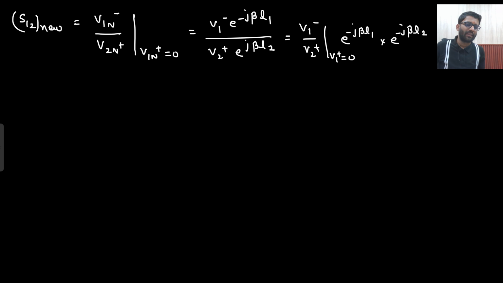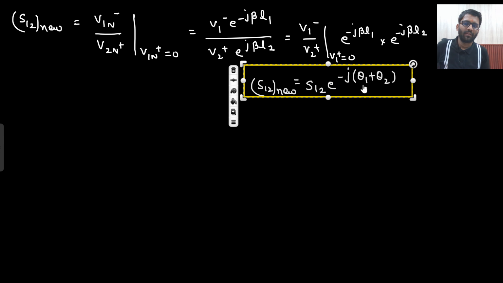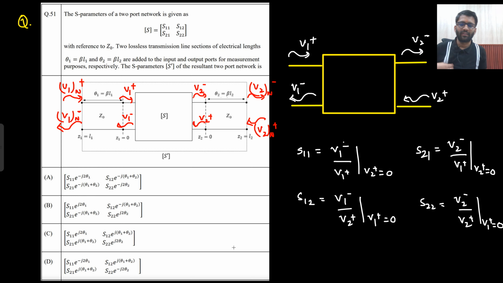So beta L1 is theta 1 and beta L2 is theta 2. So what is this quantity? This quantity is S12 e to the power minus j (theta 1 plus theta 2). Okay. So this is your S12 new.